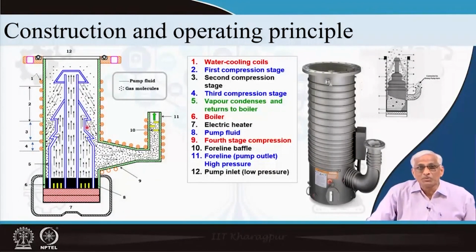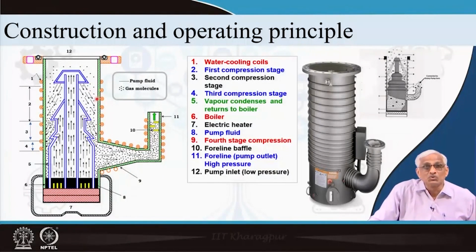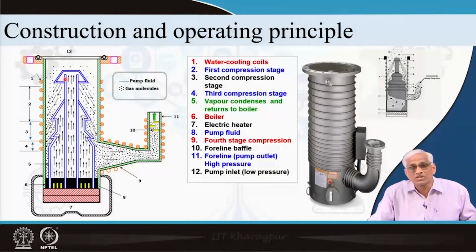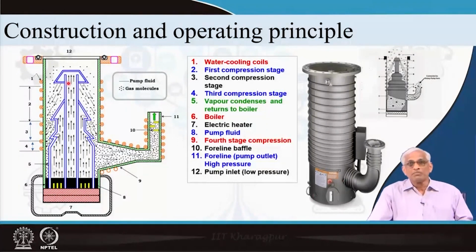So many molecules are hitting them and not allowing them to go back, so they get compressed, crowded, and pressure increases. At that pressure, there is a finite pumping speed for the rotary pump, and it pumps them out. This is a continuous process going on in the diffusion pump.